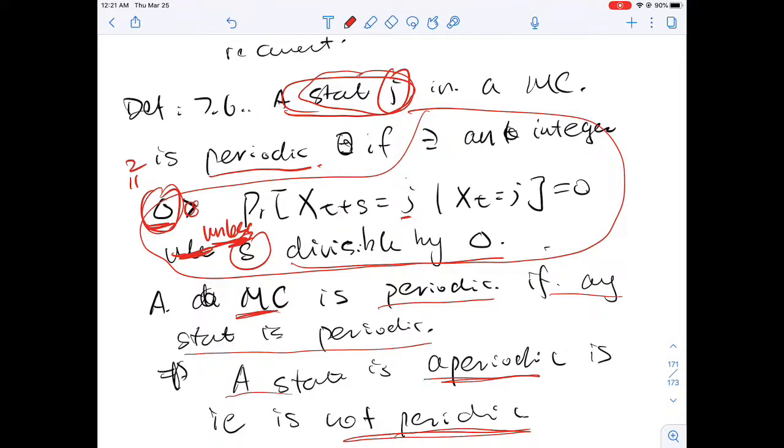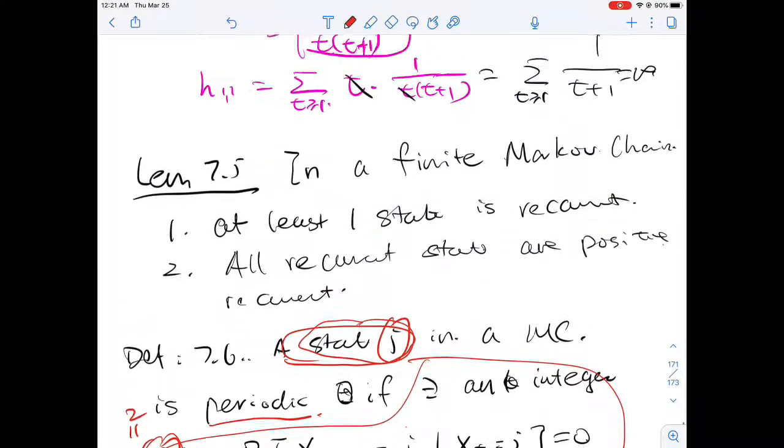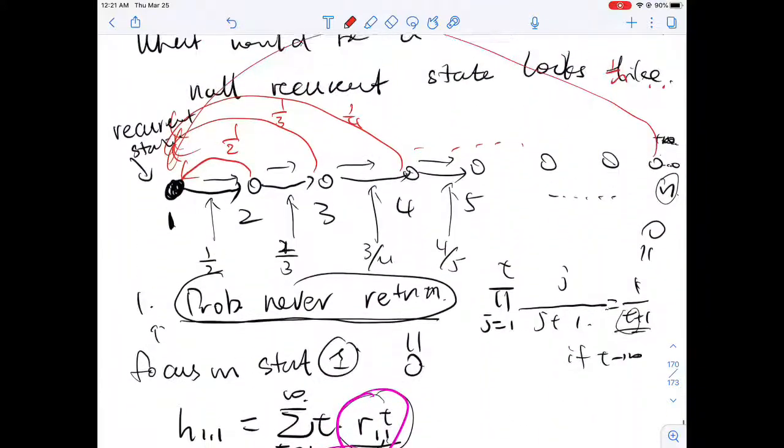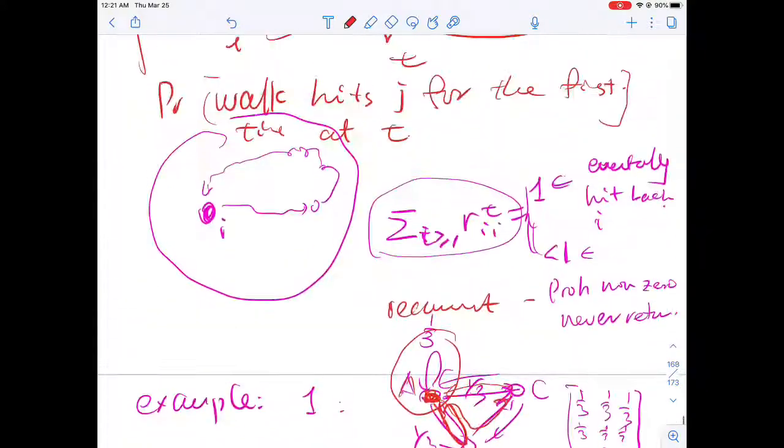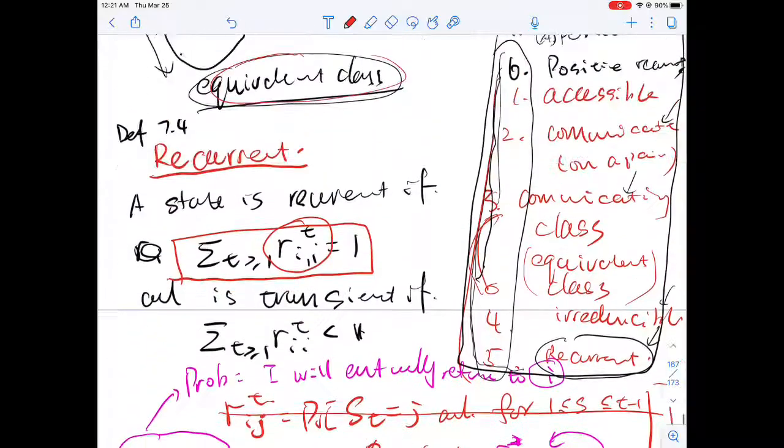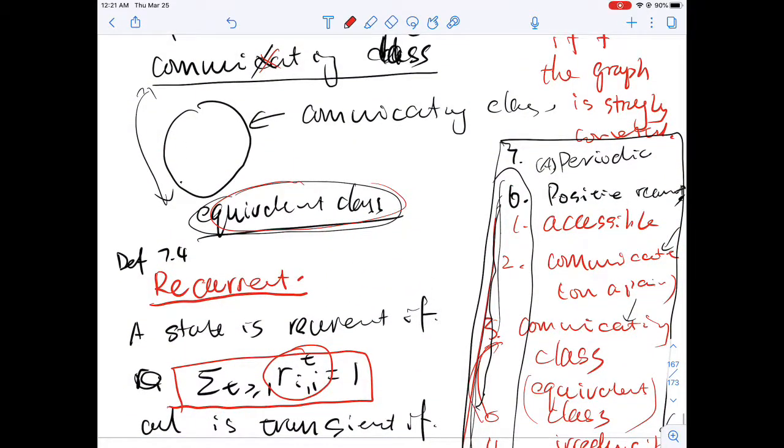In a lot of practical scenarios, that is indeed the truth. So this is a definition to make sure that sometimes things go funny and you need to be a bit careful, but oftentimes this really just doesn't happen. So this is periodic. And eventually, we are going to talk about something called ergodic.